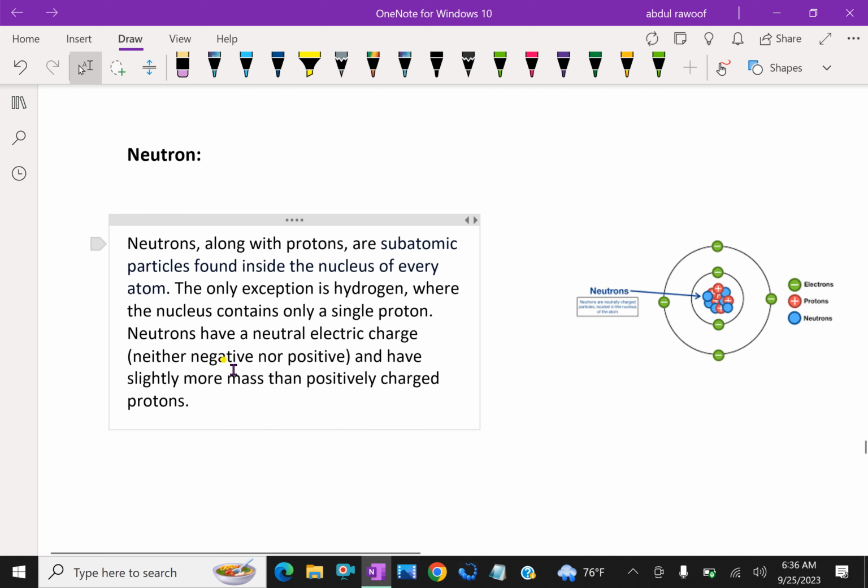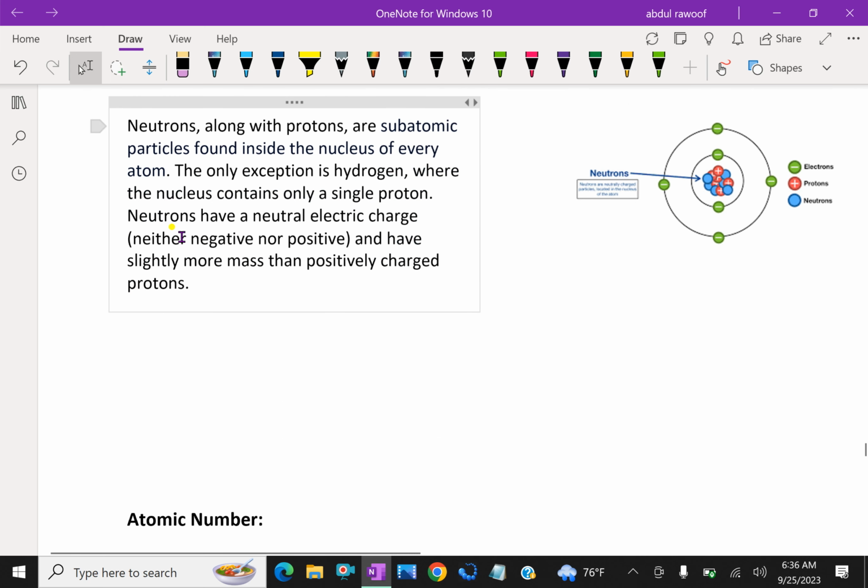Next is the neutron. Neutrons, along with protons, are subatomic particles found inside the nucleus of every atom. The only exception is hydrogen, where the nucleus contains only a single proton. Neutrons have a neutral electric charge, that is neither negative nor positive. There is no charge for neutrons, and they have slightly more mass than positively charged protons.